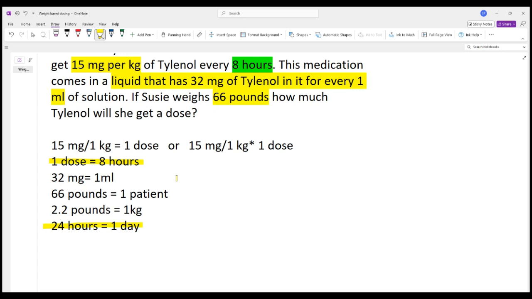But if I'm not trying to figure out how much medicine she's getting per day, then I don't care. This is a bunch of fluff. I don't need it. It's not going to help me. Now, almost everything that I need was in this problem, with the exception of 2.2 pounds is equal to 1 kilogram. That's just something that you're going to have to know, right?